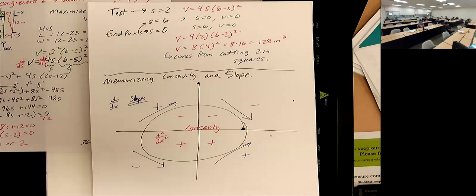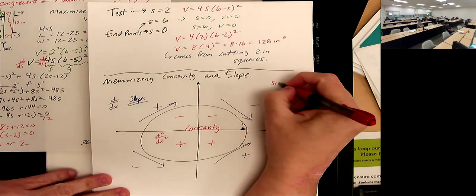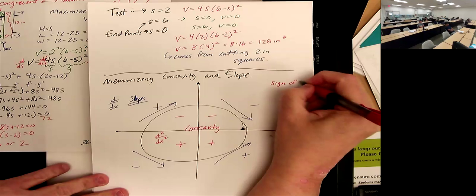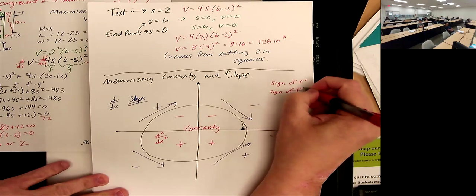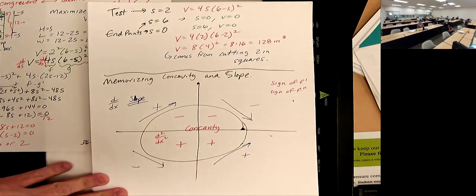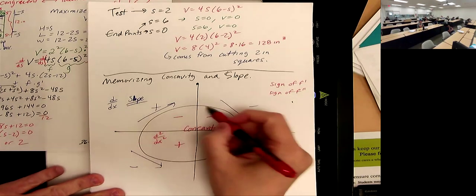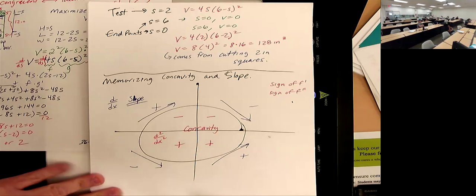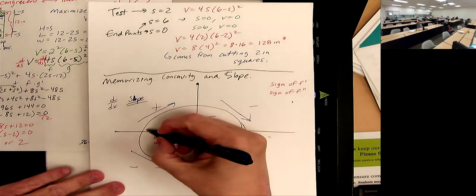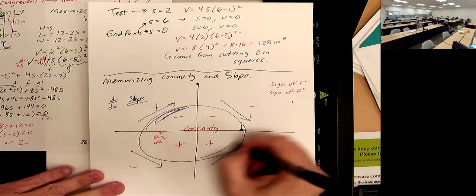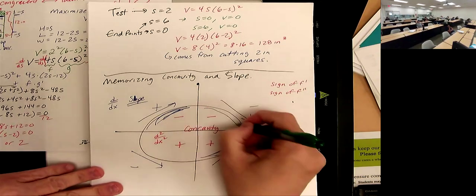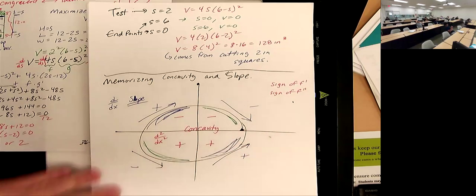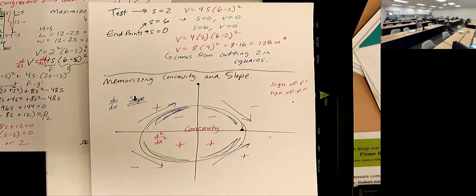You will have the sign of f prime, and you will have the sign of f double prime. And putting the two together to decide which of these curves you're doing, because these are 4 different curves. One curve like that, one curve like that, one curve doing this, one curve doing this, is going off of how these two signs put together.